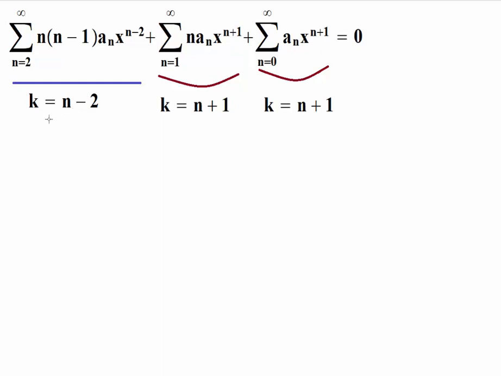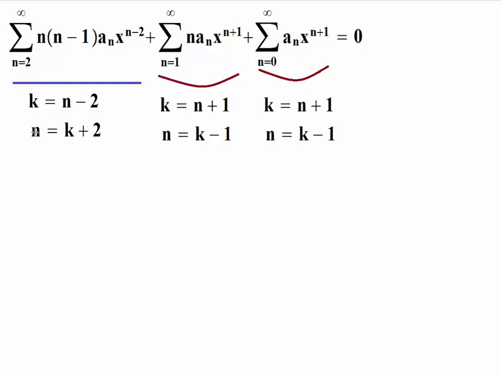Now when we make the substitutions, we should realize that when we replace n minus 2 by k, then n becomes k plus 2, and n minus 1 becomes k plus 1.